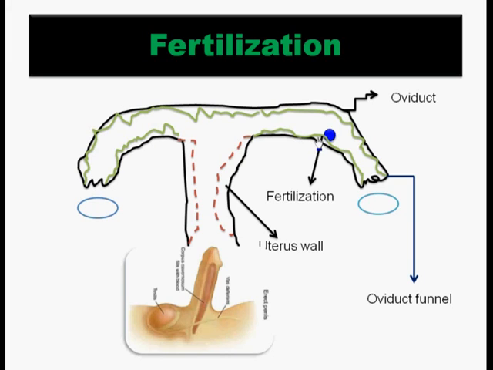Good. So when both nuclei fuse together, that is fertilization. But note, only one sperm can join or fuse with an egg. And after this fusion, the egg becomes impenetrable, meaning that it cannot be penetrated by any other sperm.